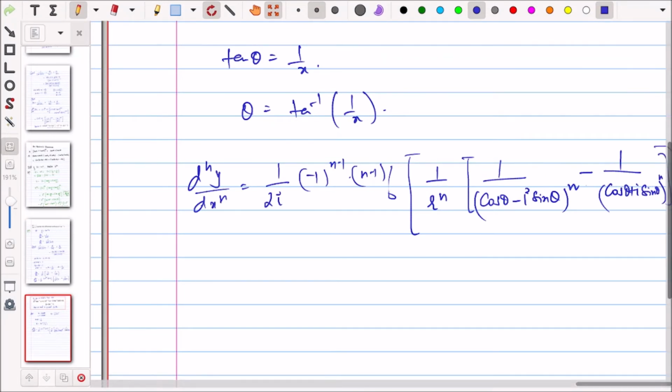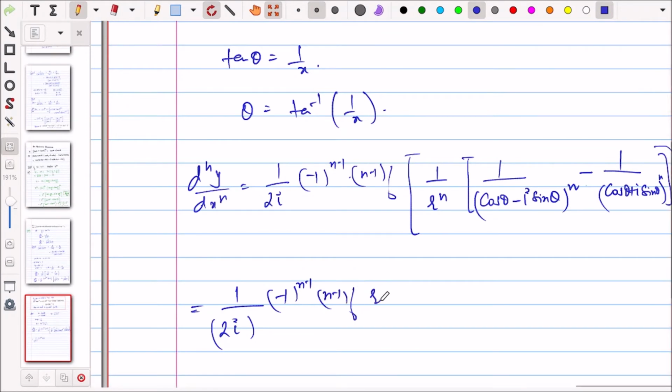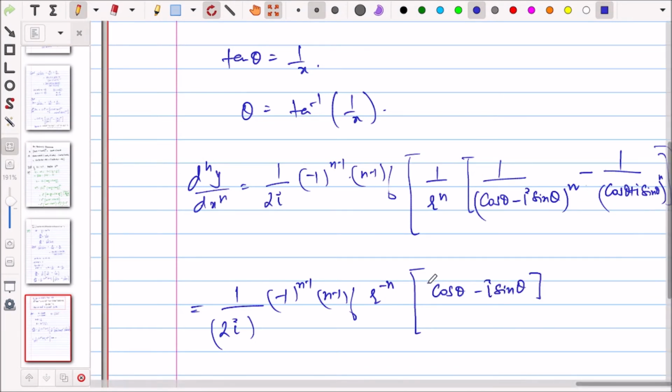So this we can write further as 1 by 2i, minus 1 to the power n minus 1, n minus 1 factorial, r to the power minus n, cos theta minus i sin theta to the power minus n.